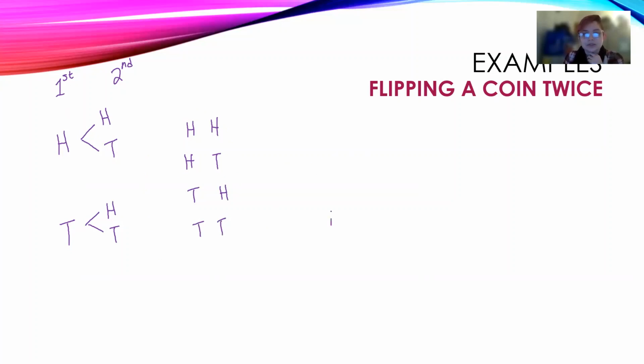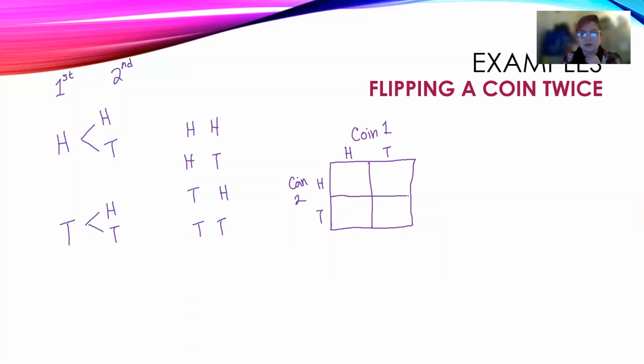Now I could choose to set it up in a table format. So I would have coin 1. If the first coin toss has 2 outcomes, heads and tails, I'm going to split that down the middle. And then the second coin again has 2 outcomes, heads and tails. We're going to split it in the other direction.